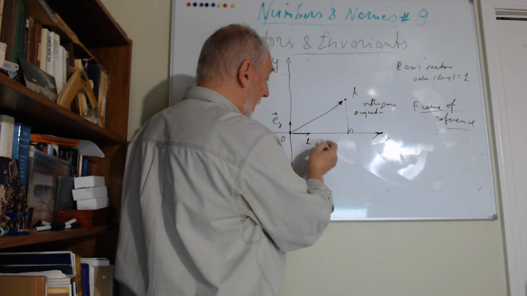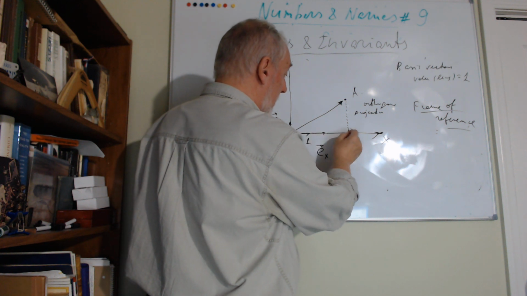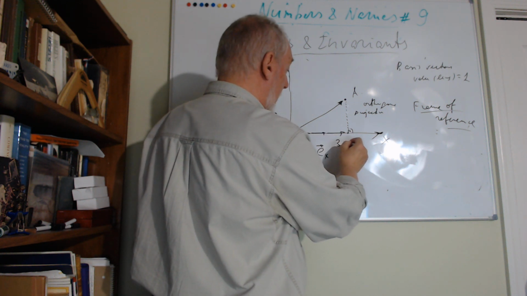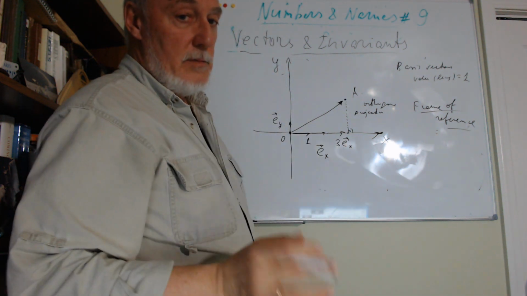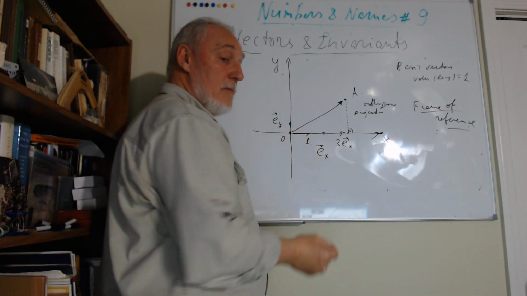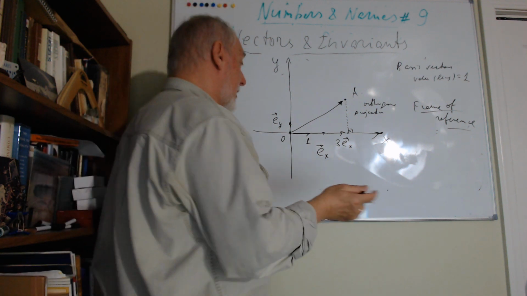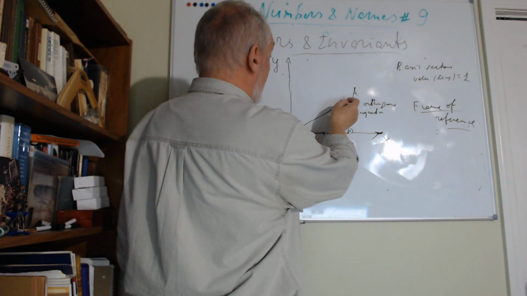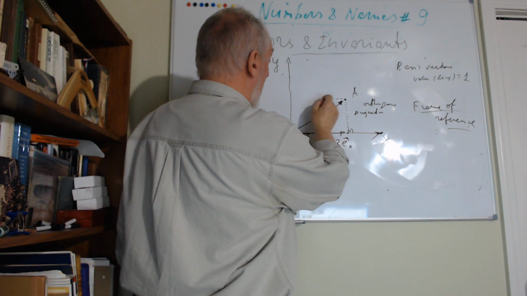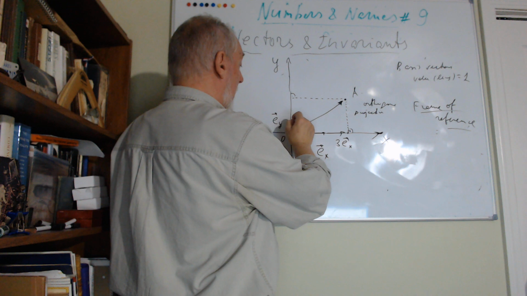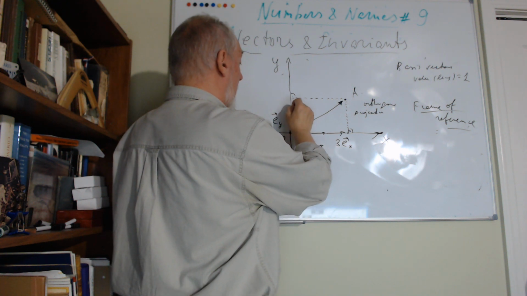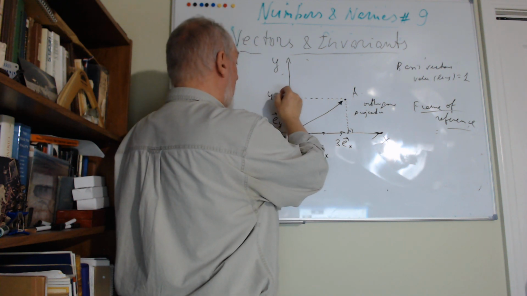With units of 1. For example, here it is maybe 3, or maybe 3.5, or maybe less. The same thing we do with y. We put the orthogonal projection here, and we see how many units are here. Maybe 4, for example.